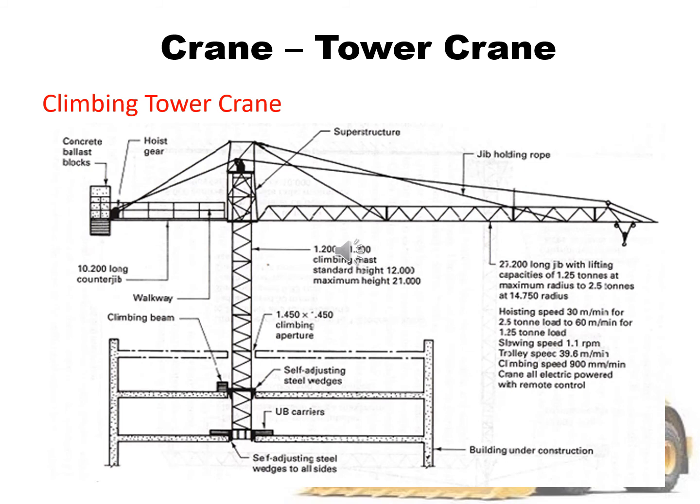The parts of a climbing tower crane are climbing beam, climbing aperture, self-adjusting steel wedges, universal beam carriers, long counter jib, concrete ballast blocks, hoist gear, climbing mast, and jib holding rope.